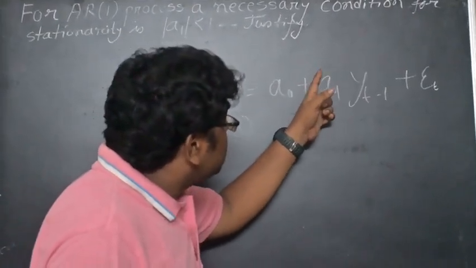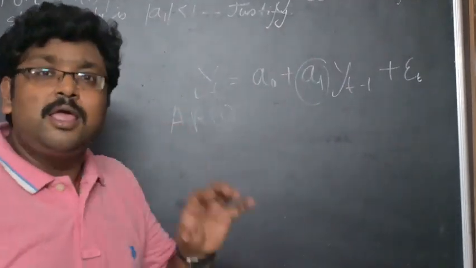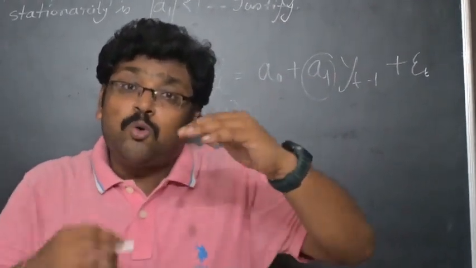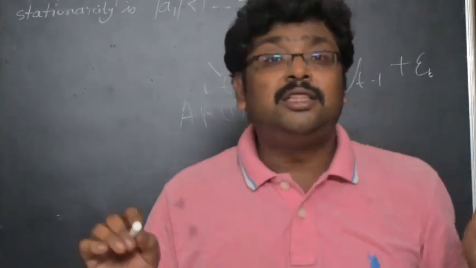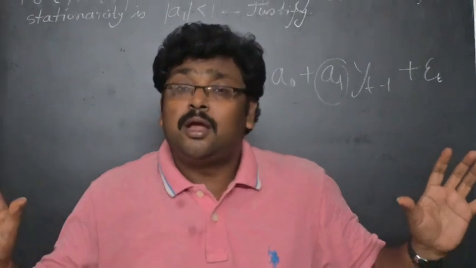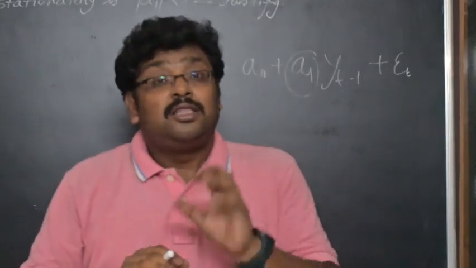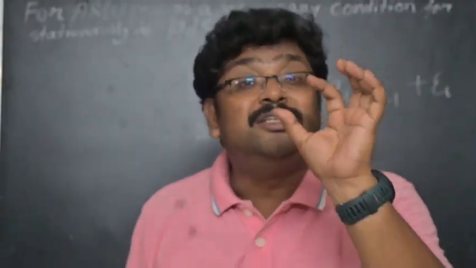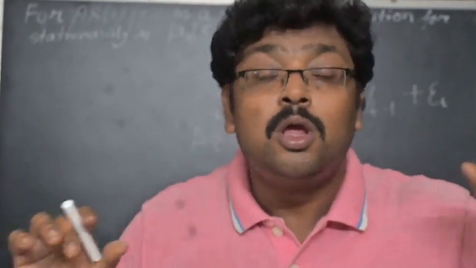Now, if a1 is less than 1, then the process will be stationary. And if it is greater than 1, then the process will not be stationary; it is explosive. And if a1 is 1, it means there is a unit root. Unit root means the data series is non-stationary.